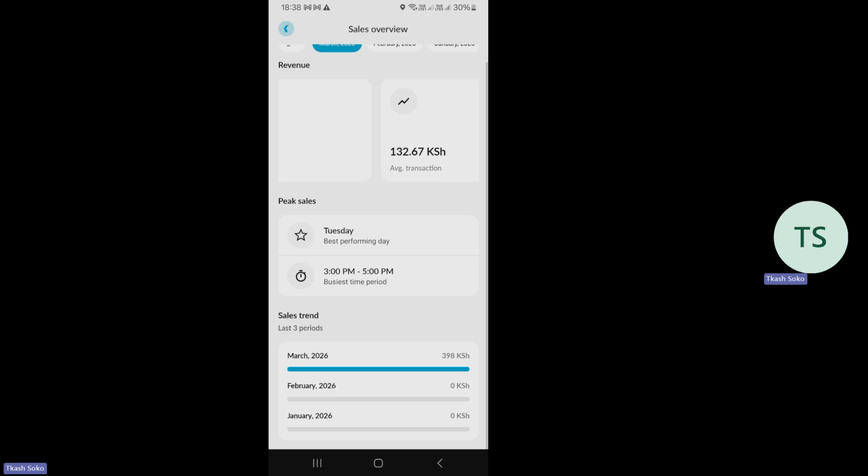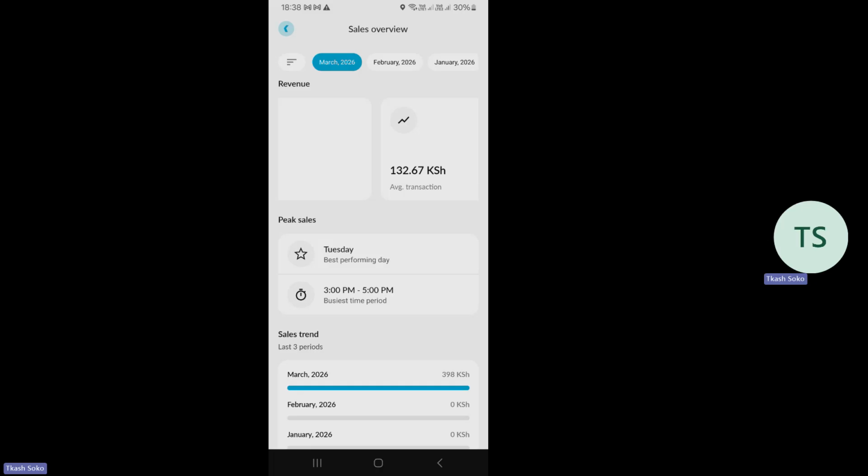So we're able to know that on that day our business cannot be closed. So for example, hapa inaonyesha that my best performing day is Tuesday based on the number of transactions I've made this day, and the busiest time period is between 3 p.m. to 5 p.m. So this is based on the times when you sell the most.